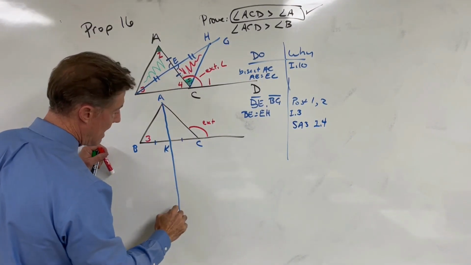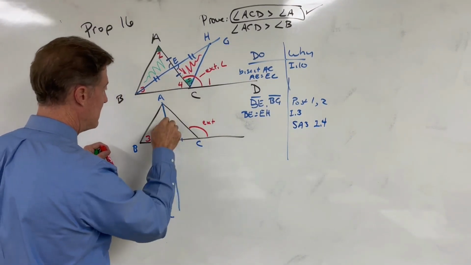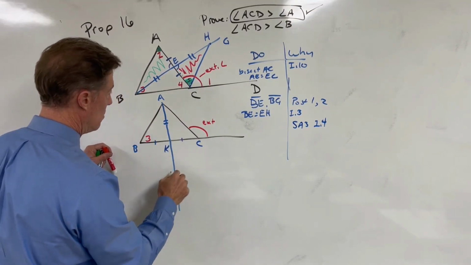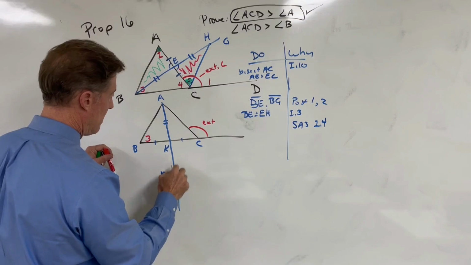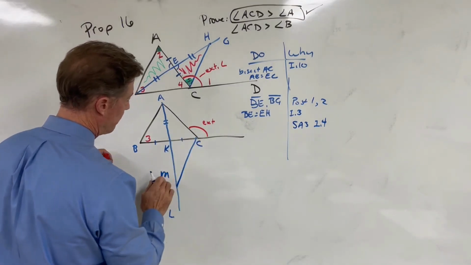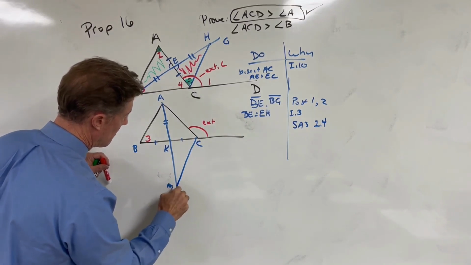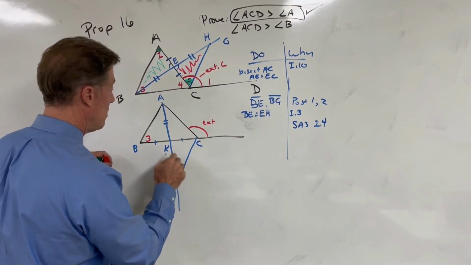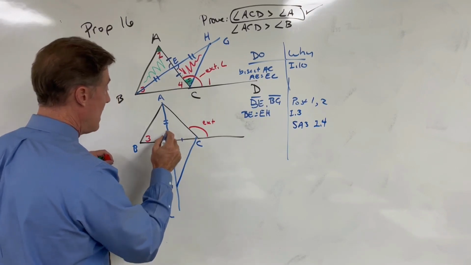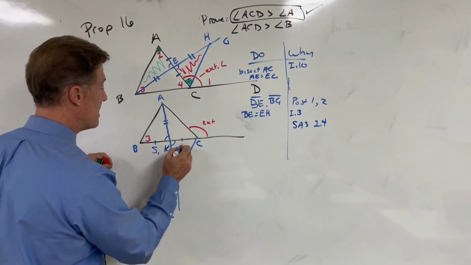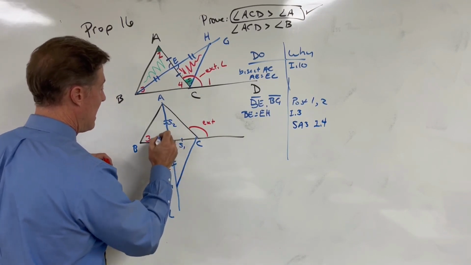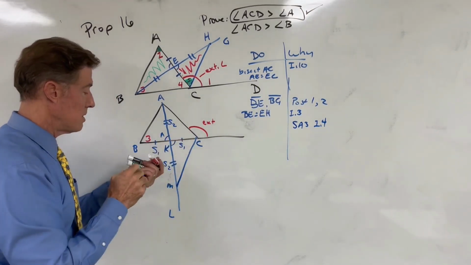And then from KL, a longer line, we'll cut off a piece equal to a shorter line, so that AK is therefore equal to KM. We're going to connect M and C. Remember, we made these equal. Those are equal. And notice here we have vertical angles that are equal. So this should immediately suggest to us we've got side 1 equal to side 1, side 2 equal to side 2, and the angle contained between those equal.